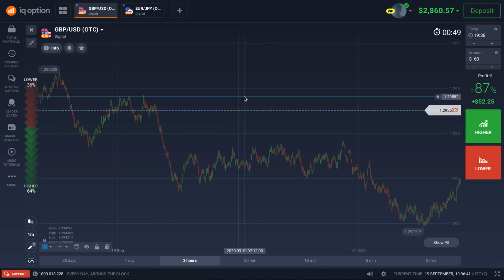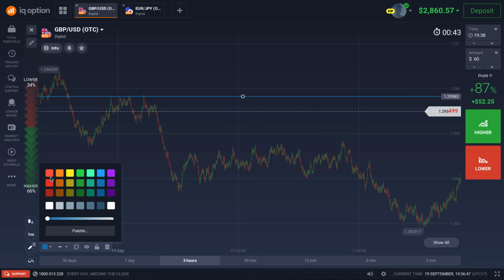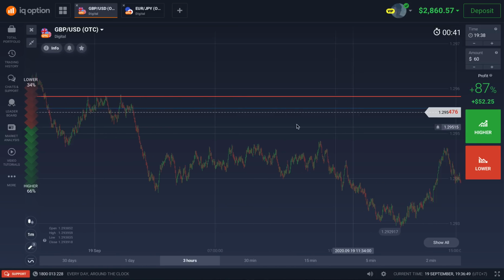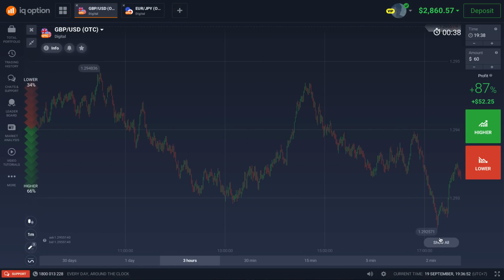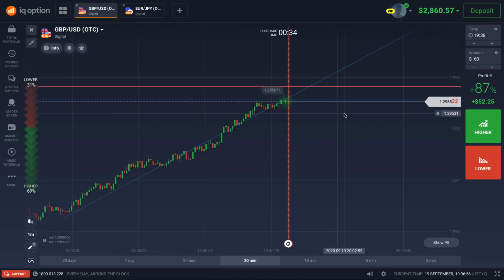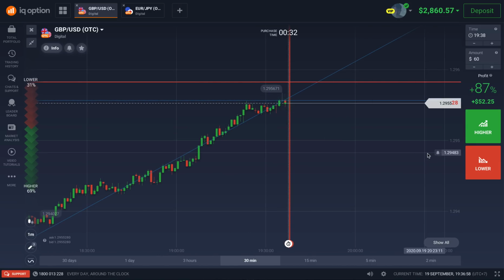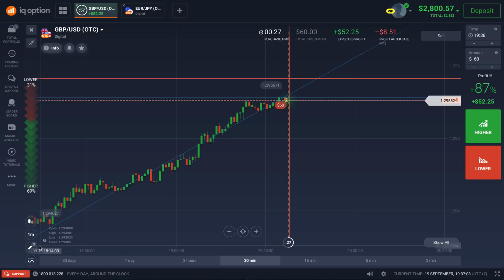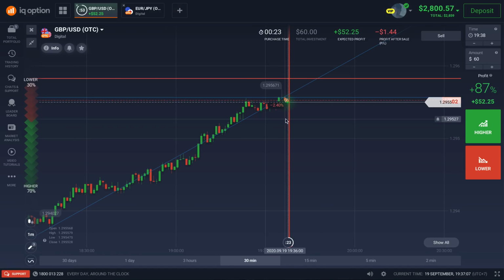When we are looking at the OTC market, it always has specific resistance and support levels. So I marked it red because it's going to be the high potential. I believe it is going to be bearish after this one, and then we will have a detailed analysis on why I go into a bearish candle in my trade.